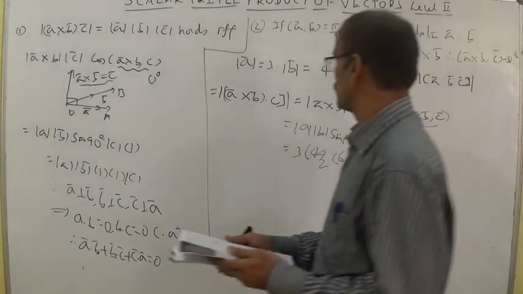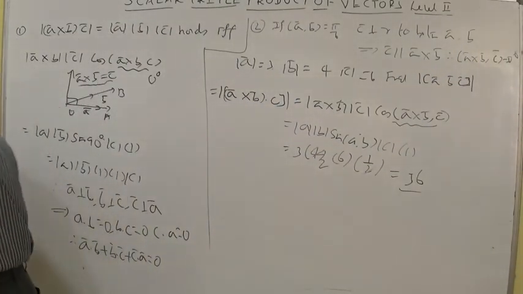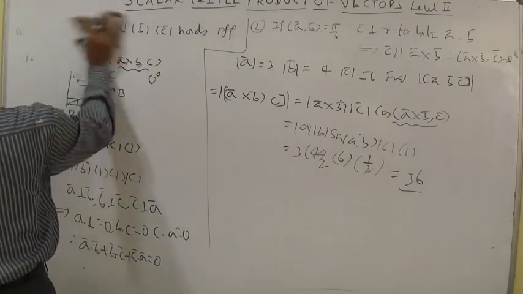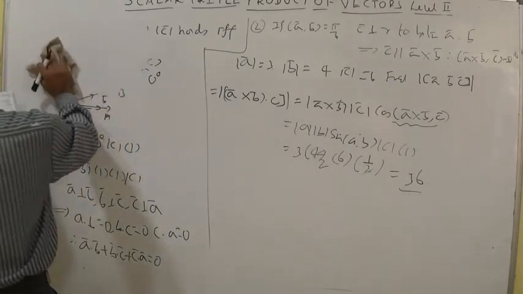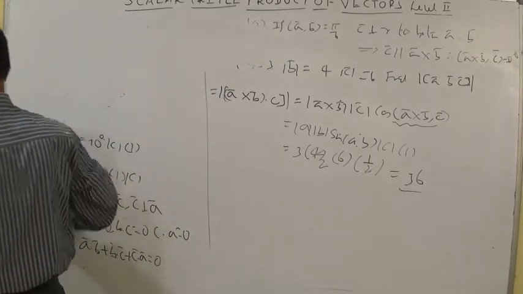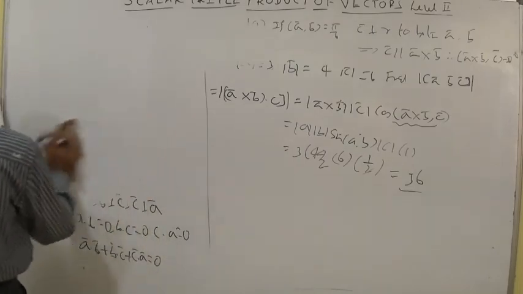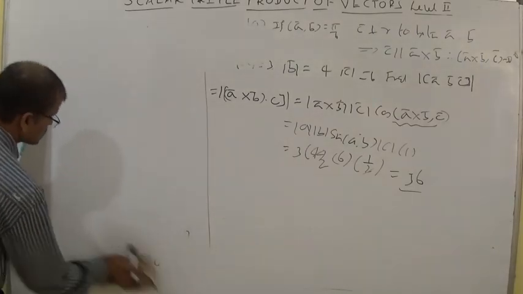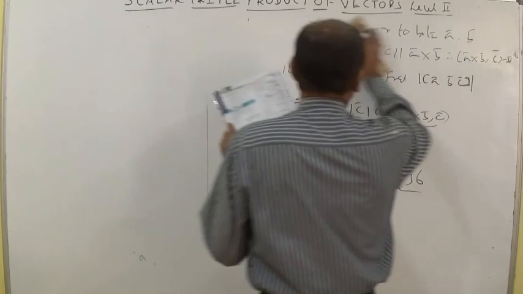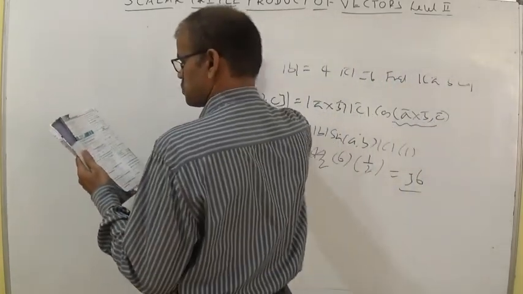Let us discuss the third question. A, B, C are non-zero and non-null vectors, and R bar is any vector in the space.